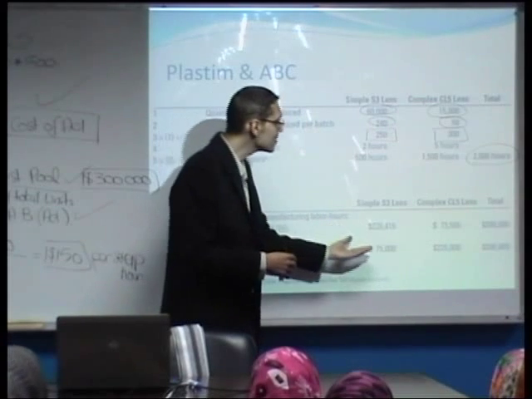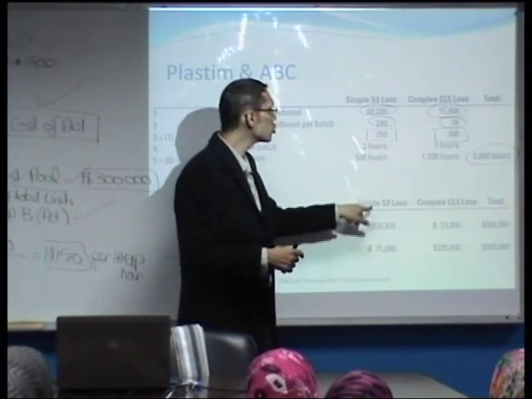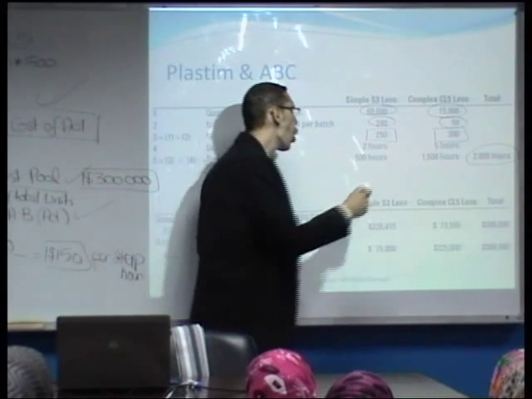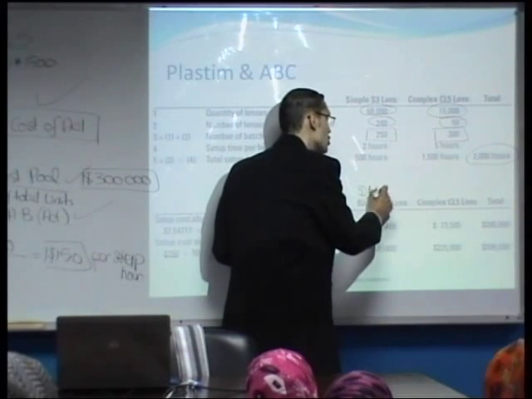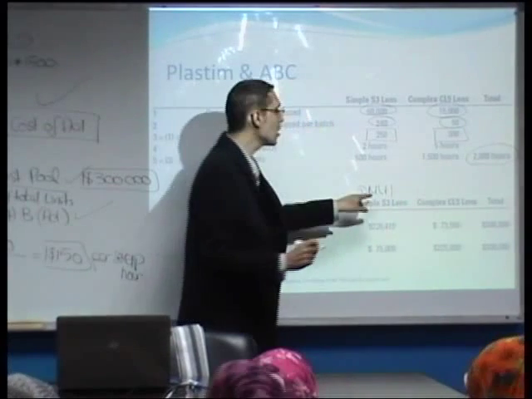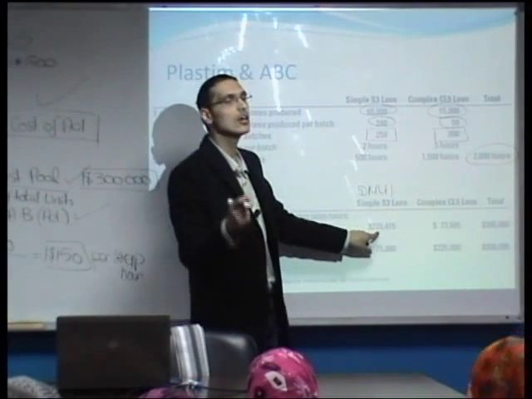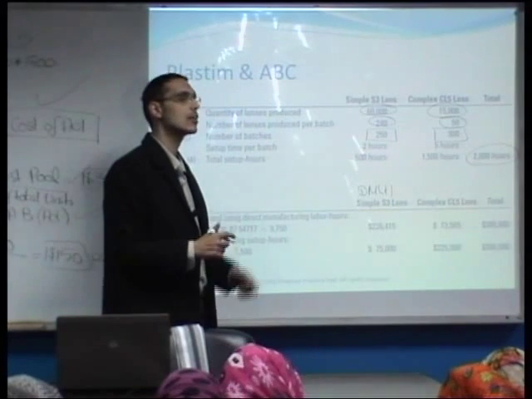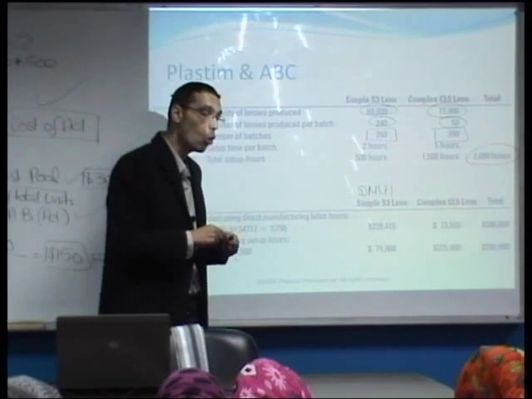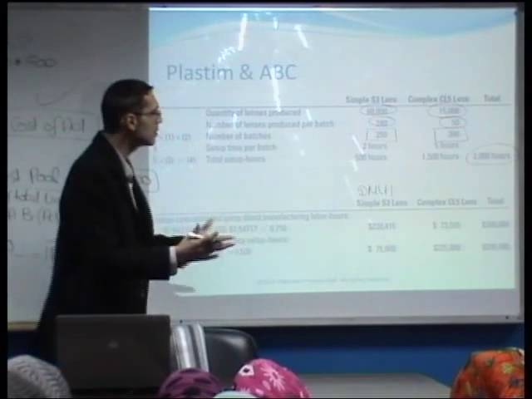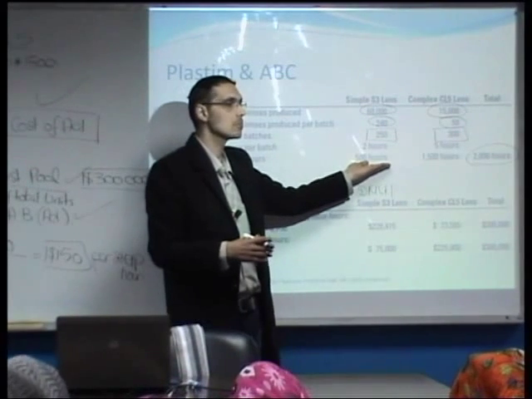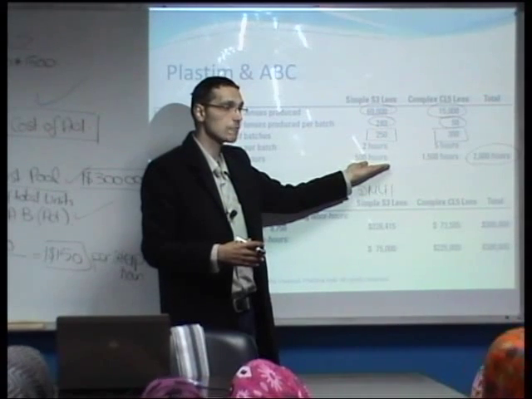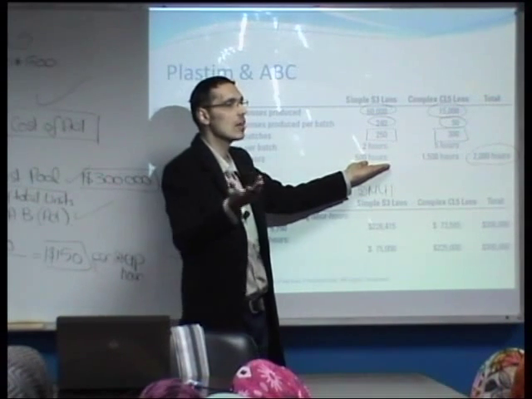Therefore, as we can see, because the simple lenses used up more direct manufacturing labor hours, it was allocated more setup costs, which is not accurate, as we determined according to the number of setup hours. Here, according to the number of setup hours, it is quite the opposite.